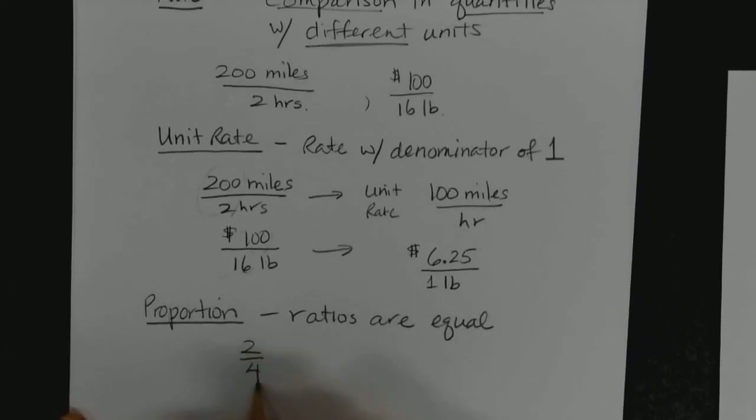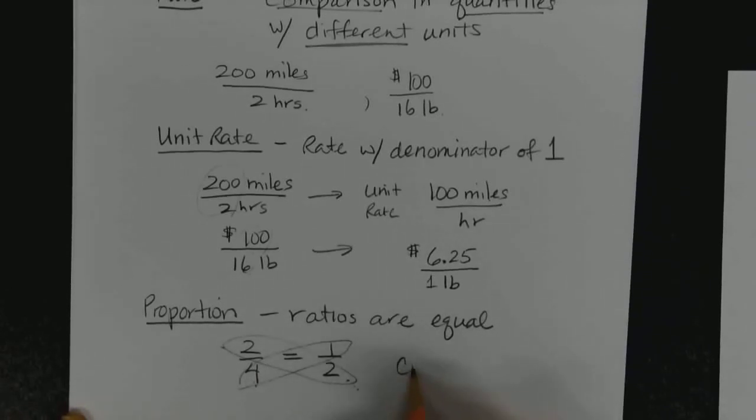So if I had 2/4, and that is equal to 1/2, these ratios are equal, right? So you would say these two are proportional. When two ratios are equal, it's called a proportion, okay? Remember doing cross product? The way to check if ratios are proportional is you do the cross product.